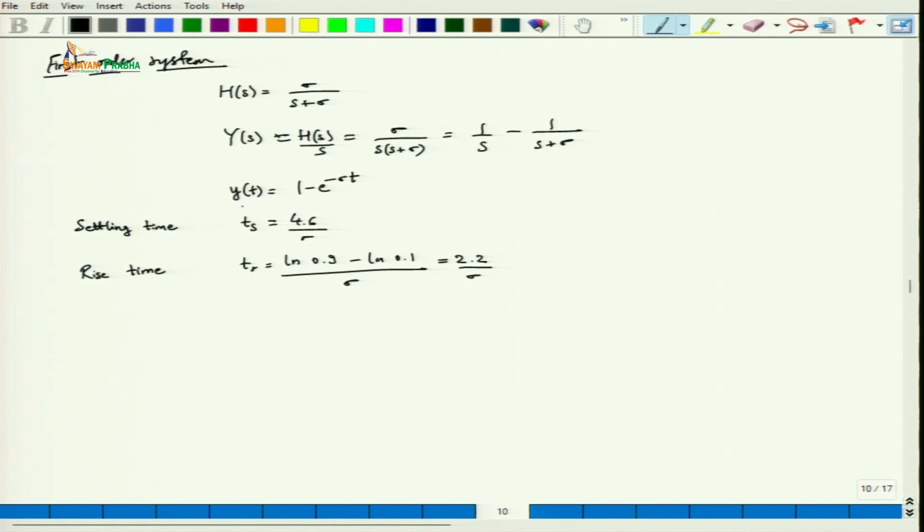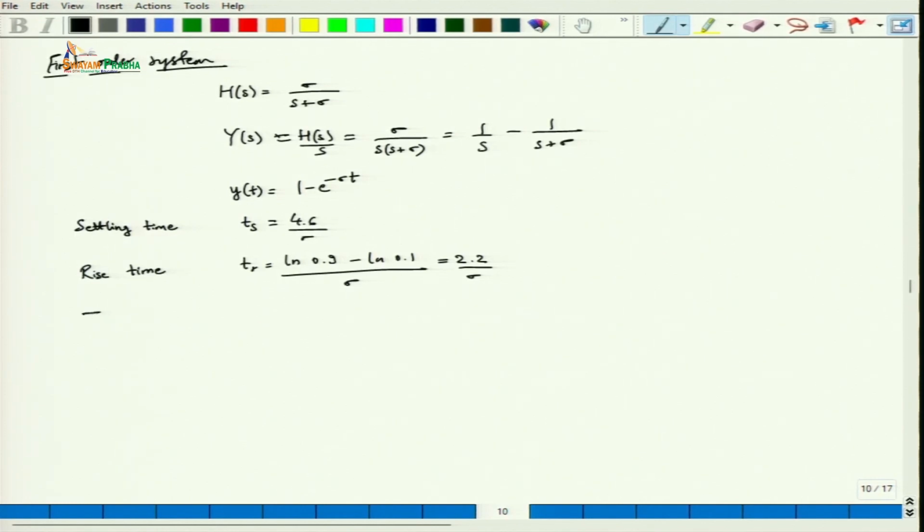This basically comes from y of t. So we find where y of t has a value equal to 0.9 of the step response, and similarly where it has a value of 0.1, and we substitute these values to get here.